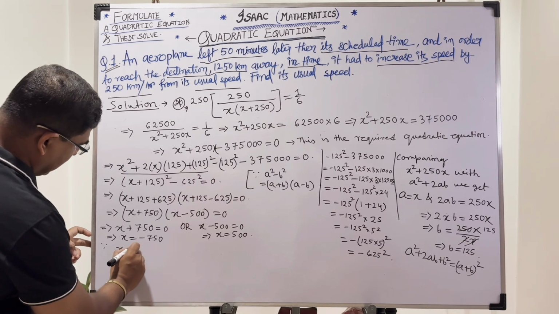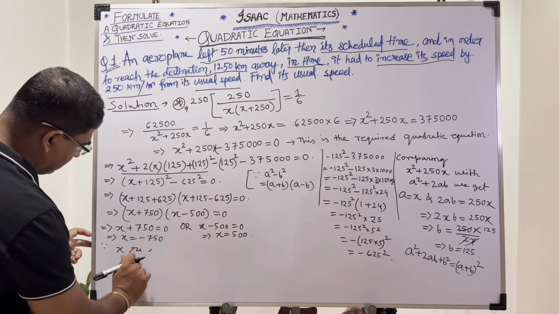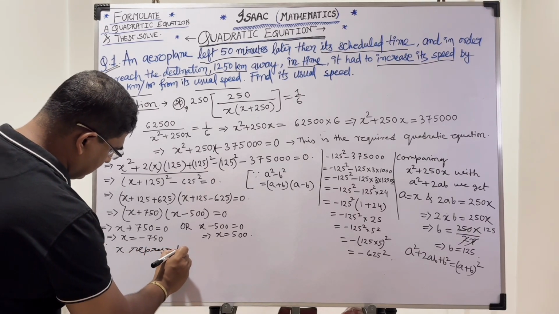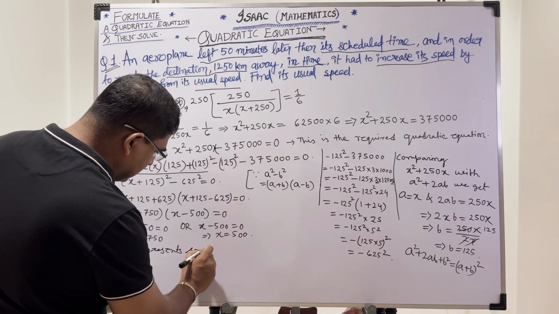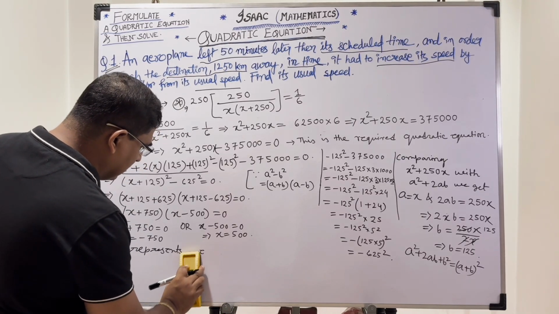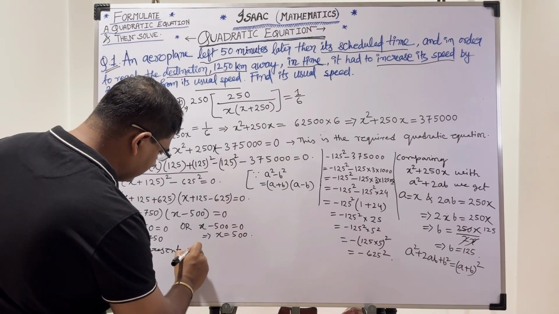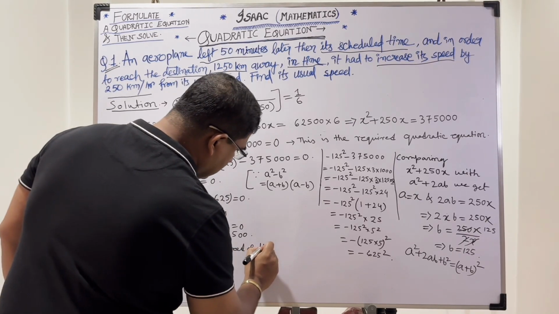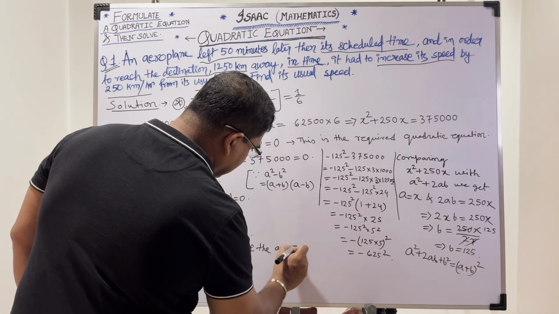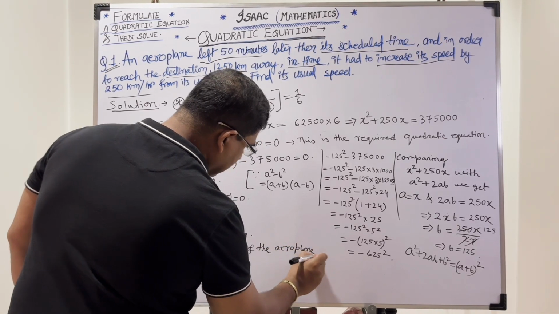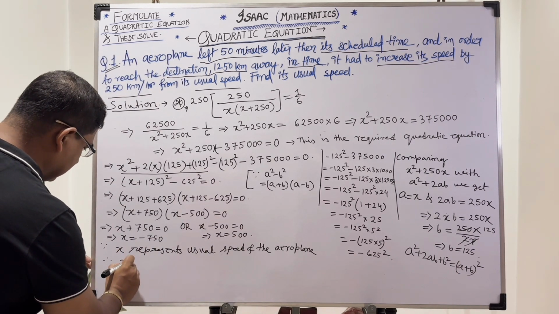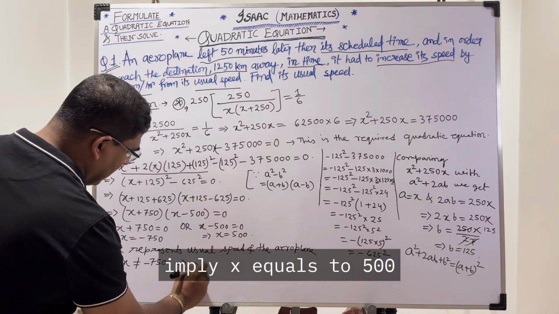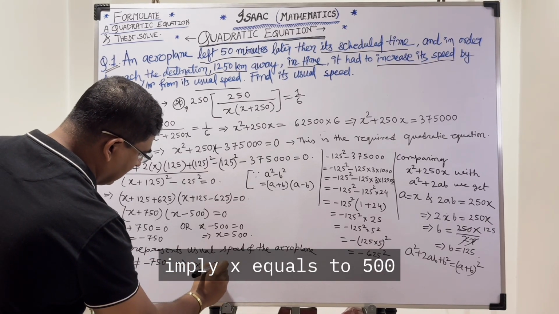Since x represents the usual speed of the aeroplane, therefore x not equals minus 750, implying x equals 500.